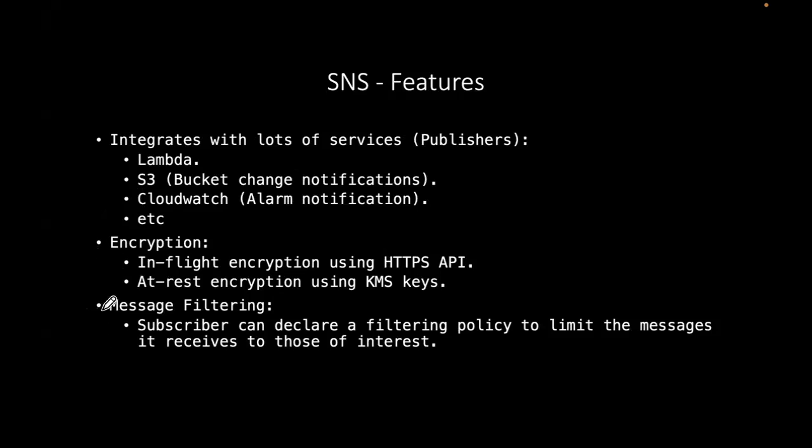Message filtering is something that we'll look at later on, but when we're talking about SNS, the publisher is writing messages to an SNS topic. The subscriber is receiving messages from an SNS topic. And there's also what we refer to as the subscription. So when you want to hook up a subscriber to a topic, you have to essentially create what's called a subscription.